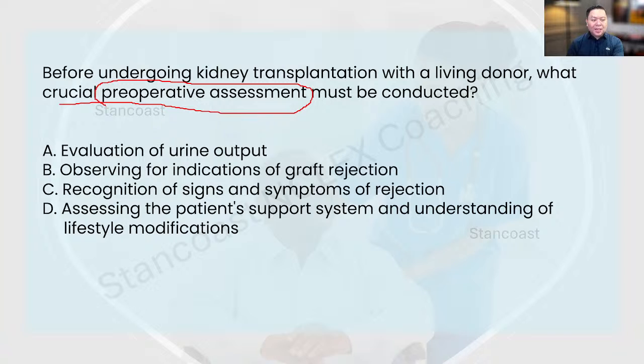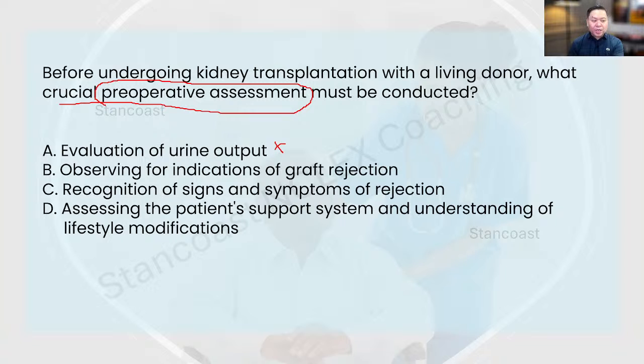Now, what about letter B? Observing for indications of graft rejection. What do you think? Well, I know it's very important that the patient should know what signs they're going to report to the nurse or the doctor if they develop some graft rejection signs. But again, we are dealing with the pre-op assessment.